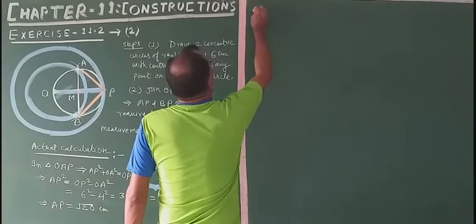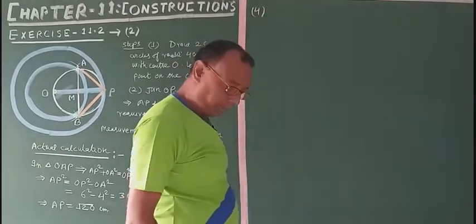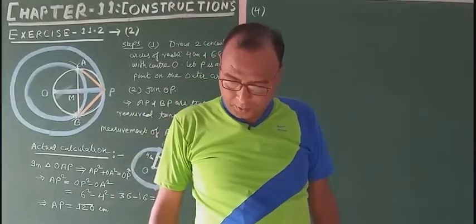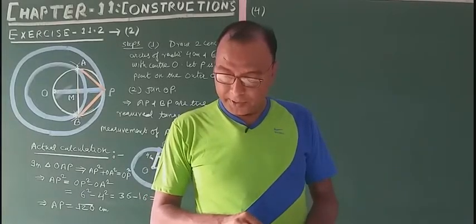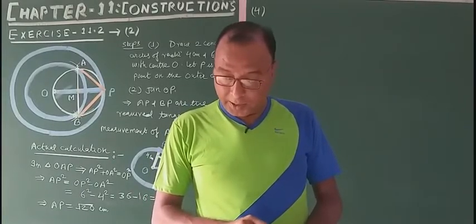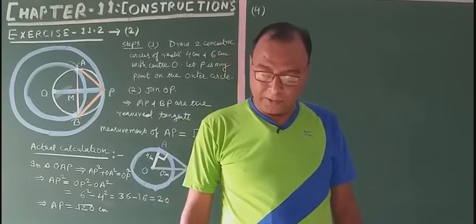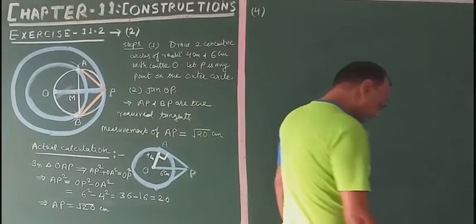Now this is question number 4. The question is: draw a pair of tangents to a circle of radius 5 centimeter which are inclined to each other at an angle of 60 degree. First we will draw the rough sketch.